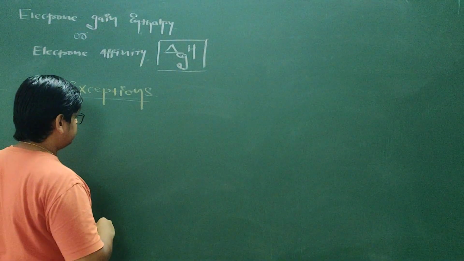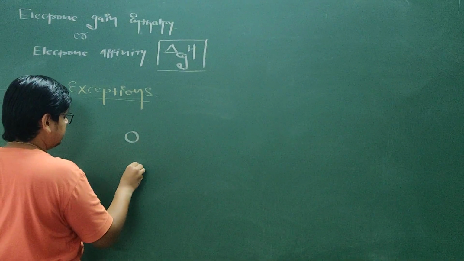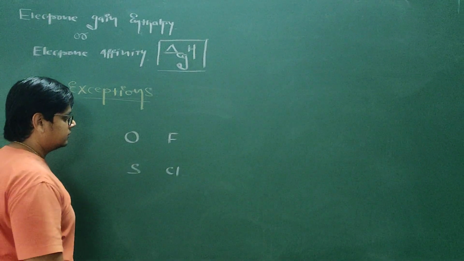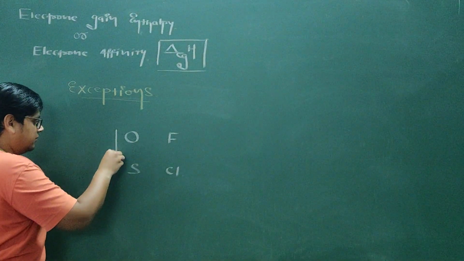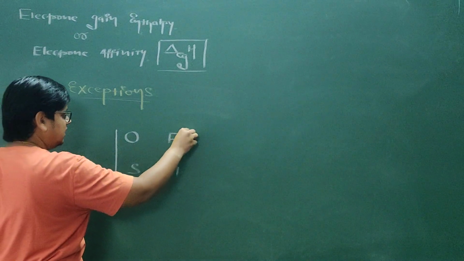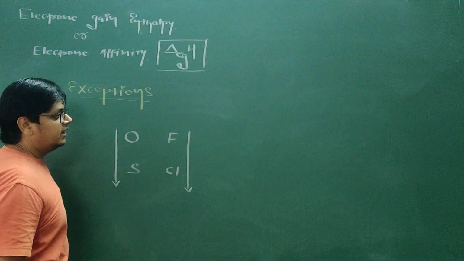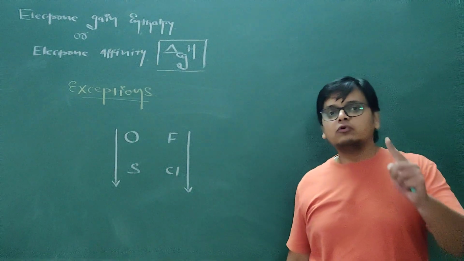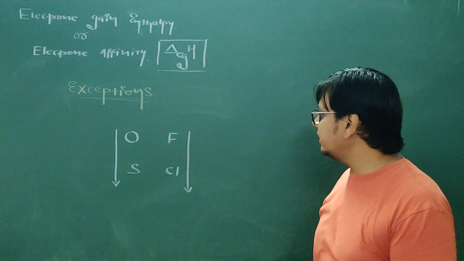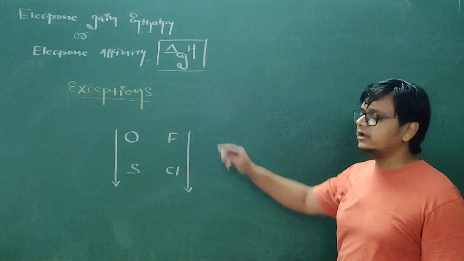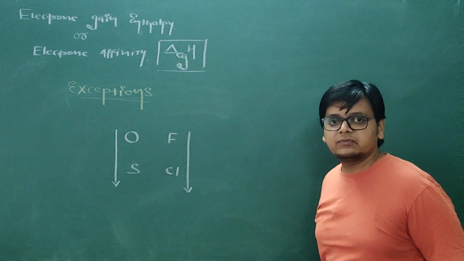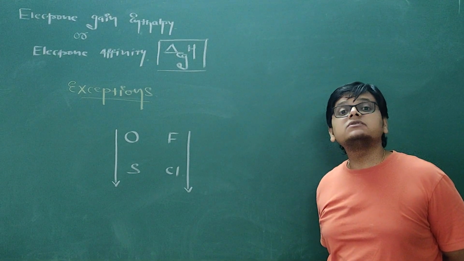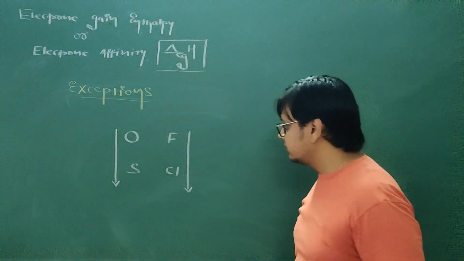There are two exceptions: between oxygen and sulfur, and fluorine and chlorine. These are members of the same group. These are also members of the same group. As we had discussed, by moving down the group, the value of delta EGH becomes less negative.